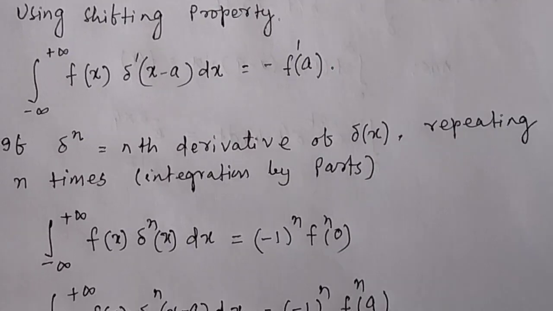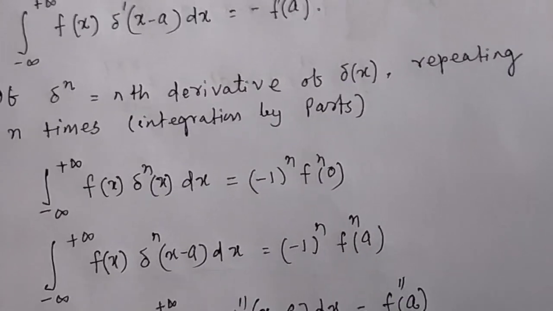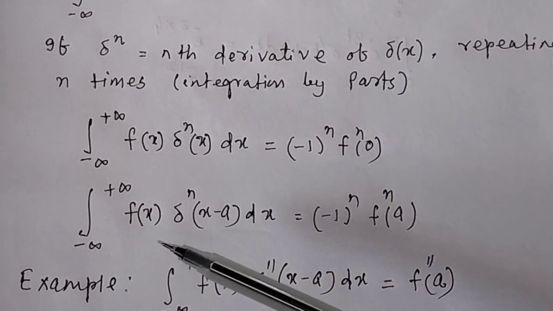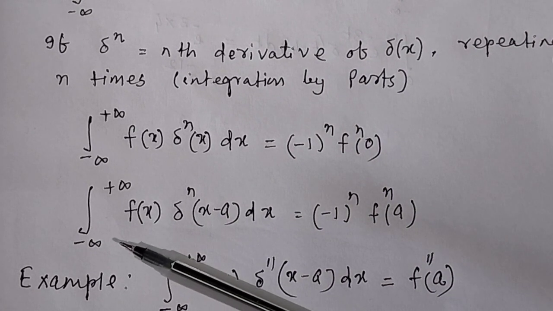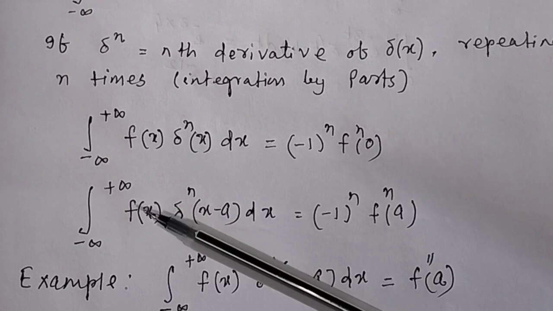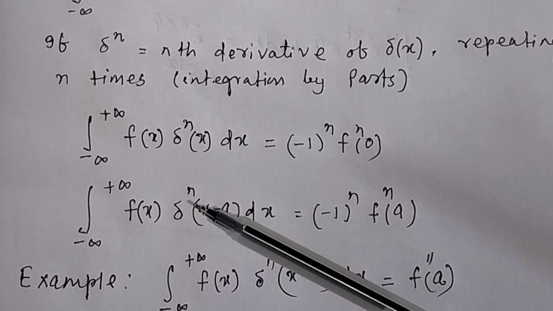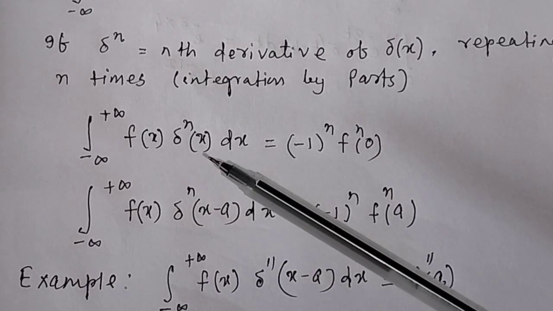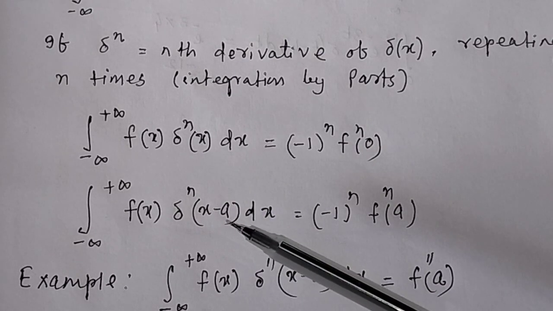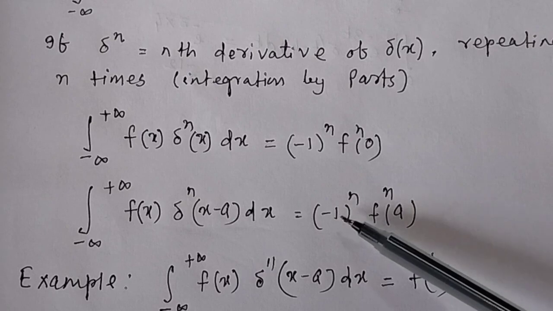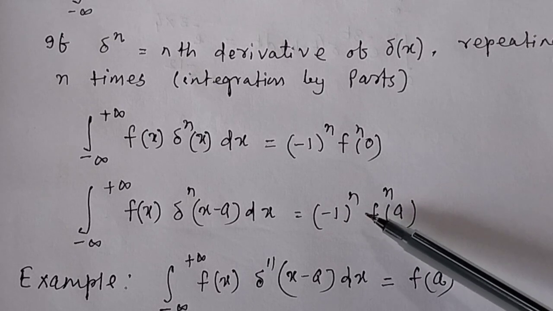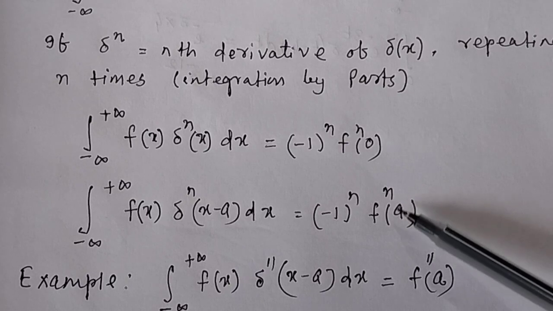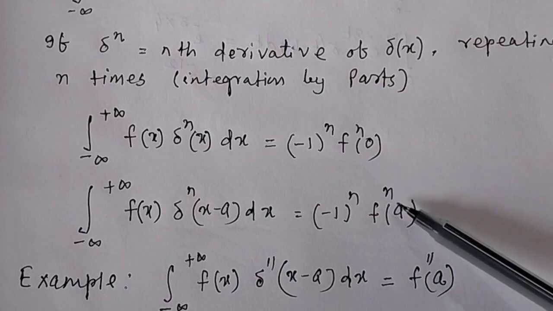Similarly, when x is at a, the integral from minus infinity to plus infinity of f(x) times the nth derivative of the delta function at x minus a, dx, is equal to minus 1 whole to the power n times the nth derivative of the function at x equal to a.